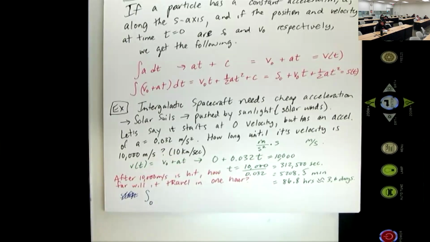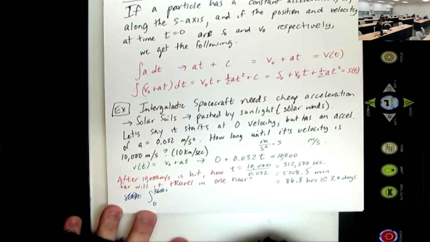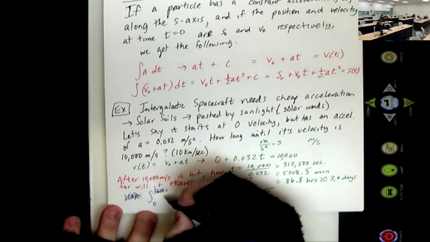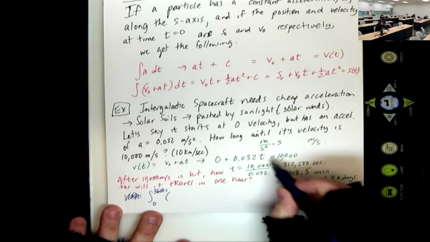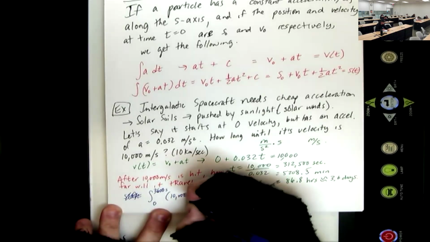since time is in seconds here, I'm gonna put the hour in that. 60 times 60 is 3,600. I need a calculator for that. 3,600 seconds. And we are using V naught plus at. V naught is now 10,000, we're starting at 10,000.